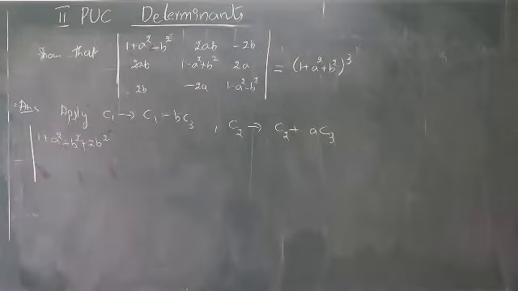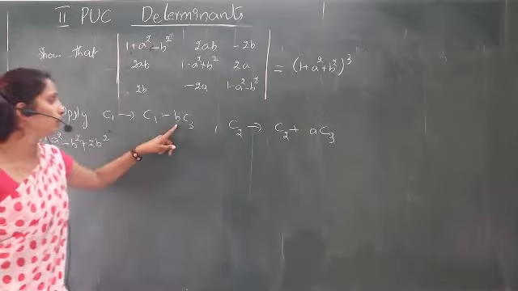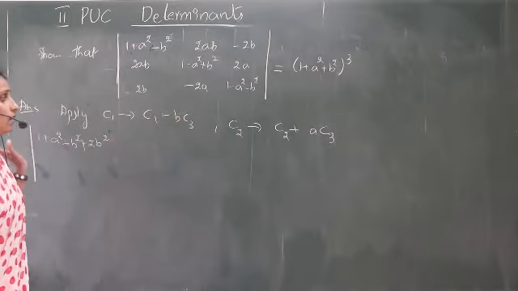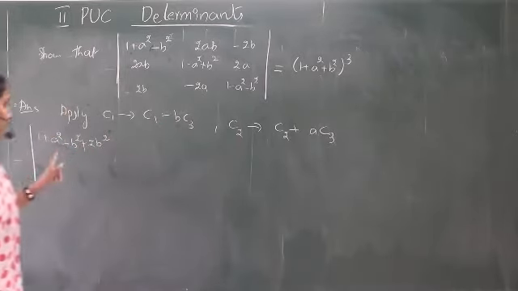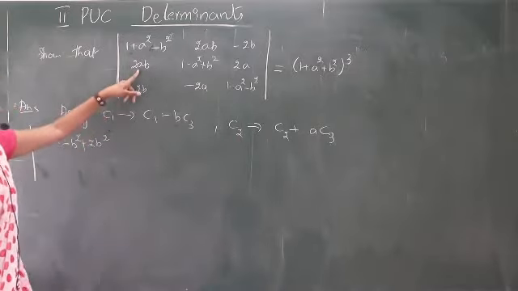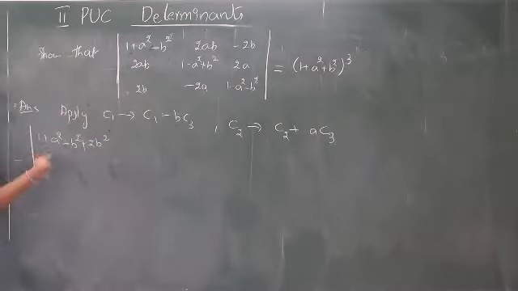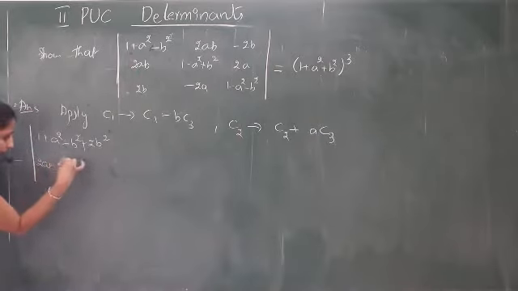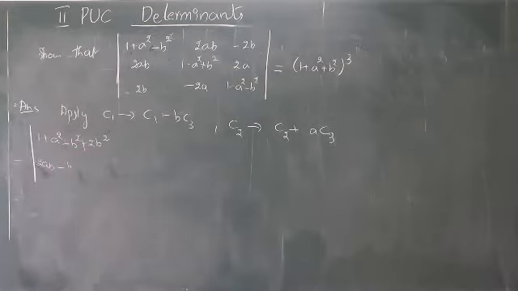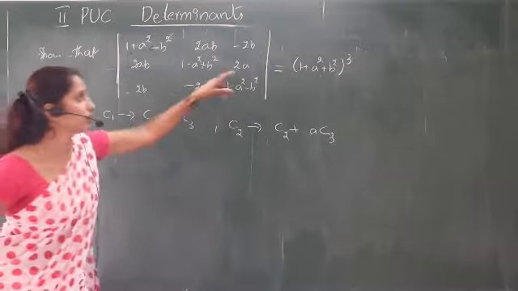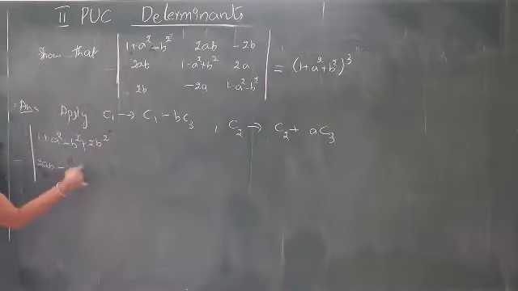And I am making C1 change to C1 minus B into C3, which means 1 plus A square minus B square. So 2B into B is 2B square, minus into minus plus. Then the other terms as they are. C1 changes: 2AB minus B into this 2A, that is minus 2AB.